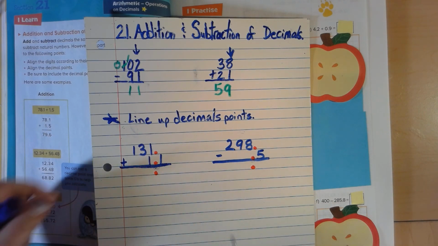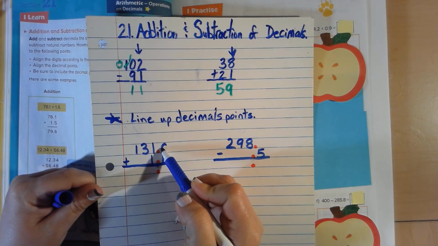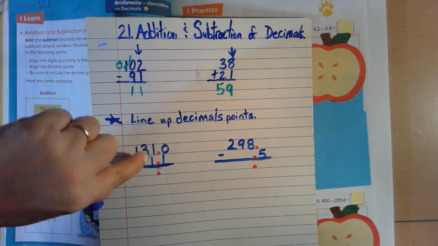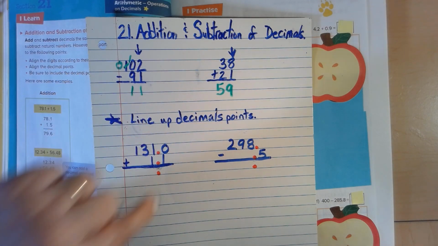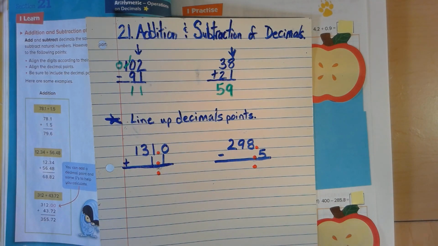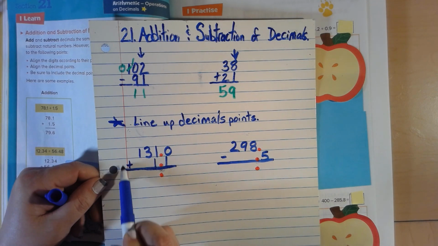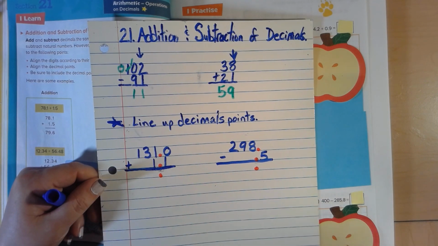The first thing I'm going to do is I'm going to put a 0 to hold my spot. I'm not starting in my ones column like we used to do. Now I'm starting in the column with the lowest value, the least value, which is here, my tenths column. So I have, now make sure you're looking at the symbol, it's a plus symbol.